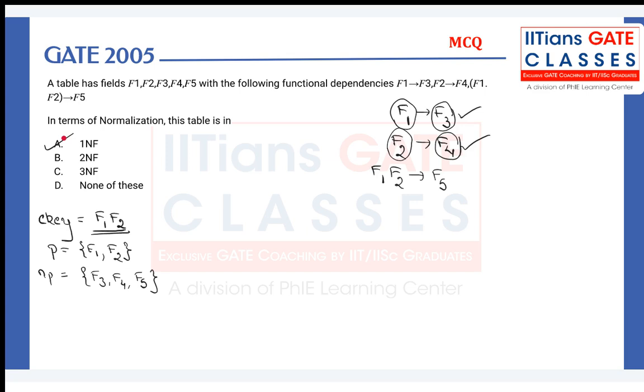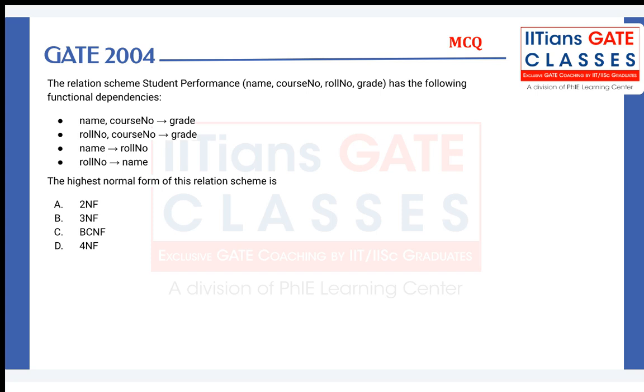Okay. Two more questions. This is the relation schema that is given. They are asking the highest normal form of this relation schema. During that time in GATE, 4NF was also there in the syllabus. So you do not have any more.